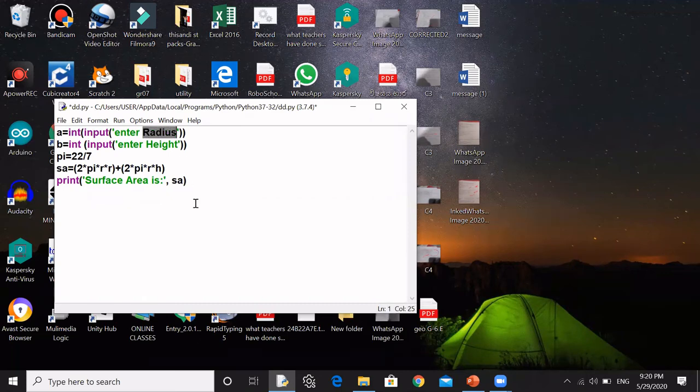No, we should get the first number. Now we can get the first number as A and enter second number, right? Because we have to get the second number also, right? Second number, right?